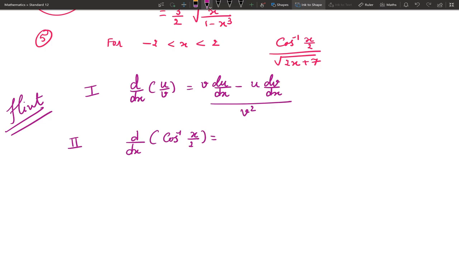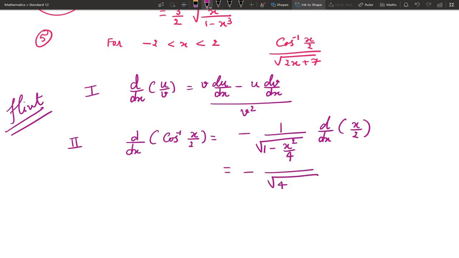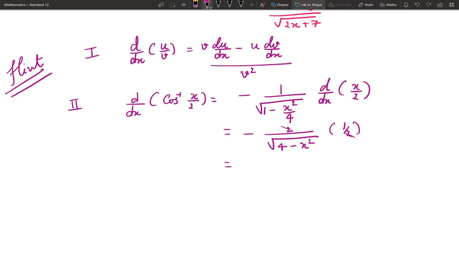D by dx of cos inverse x by 2 is minus 1 upon under root 1 minus x square into by chain rule d by dx of x by 2. So you can simplify this thing, under root 4 minus x square, and here it will be 2, d by dx of x by 2. So 2 cancel. So this will be minus 1 upon under root 4 minus x square.